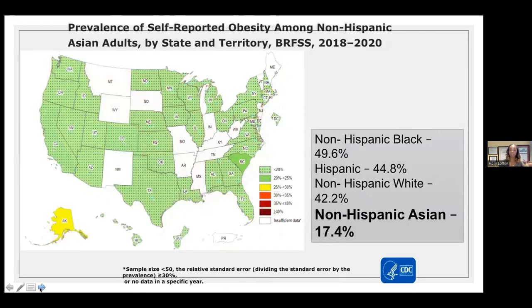This graph looks at the Asian population. Again, I want to point out, we do start to see that green dotted pattern when there's less than 20%. However, this is based on BMI. And we know that in Asian populations, there can be weight-related conditions such as fatty liver, type 2 diabetes, and heart disease at a lower BMI.